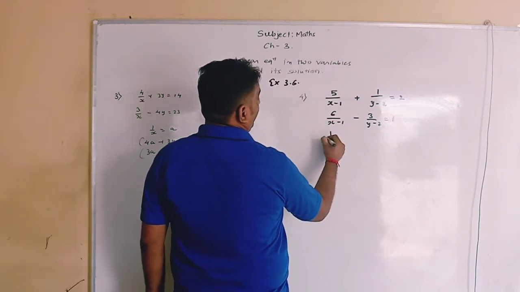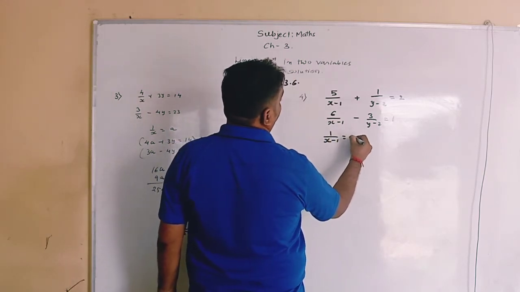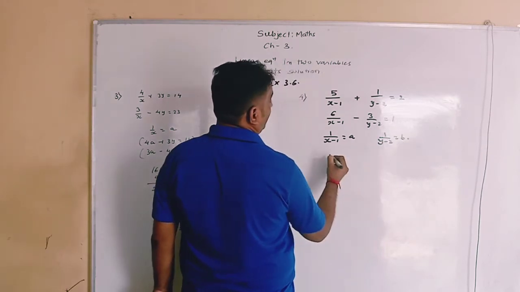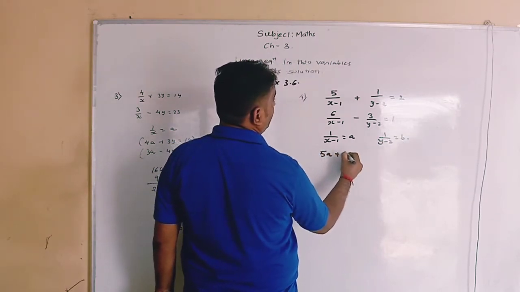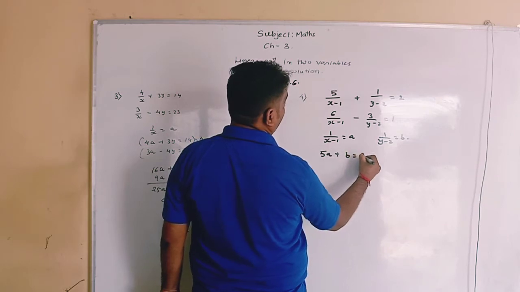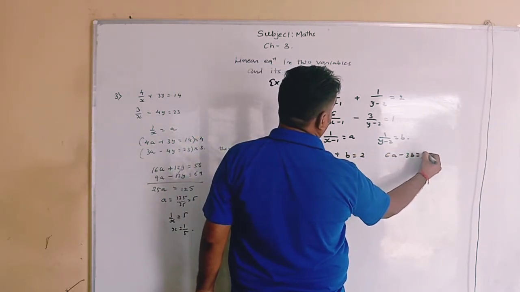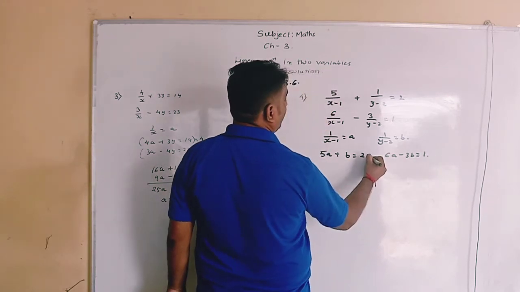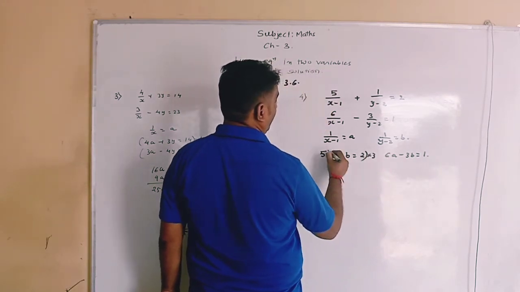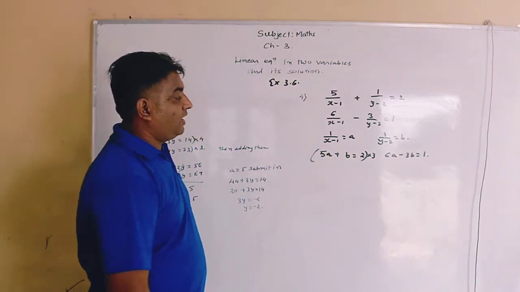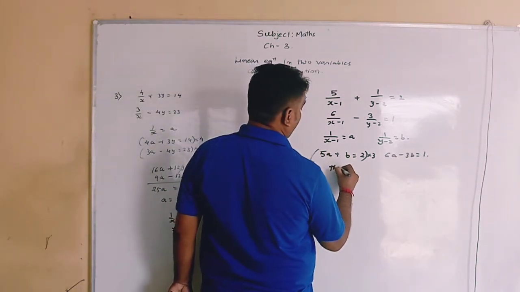So now here 1 by x minus 1 we write as a and 1 by y minus 2 we write as b. That is 5a plus b equals 2 and 6a minus 3b equals 1. So equation 1 is multiplied by 3, because here is b and here 3b, so we want to make 3b, and then add with equation 2.